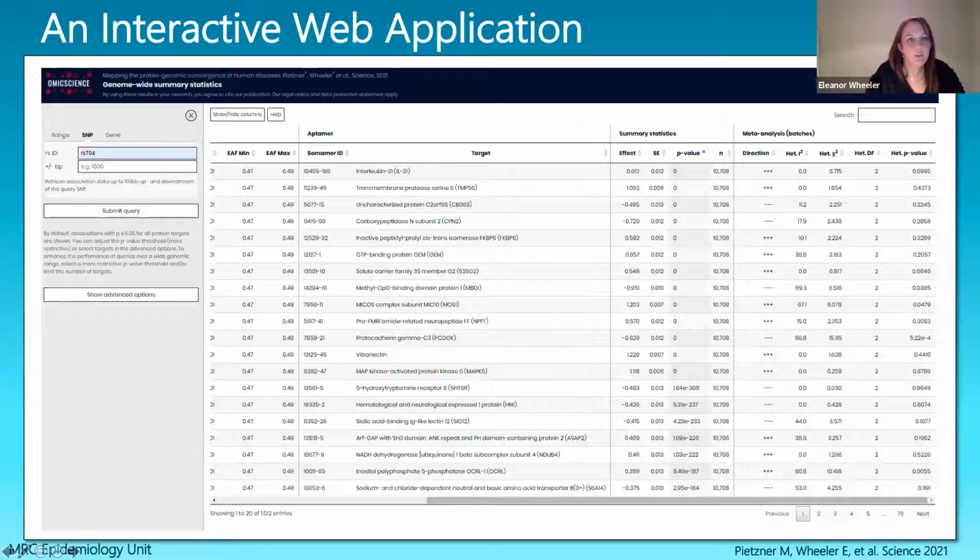You can also do lookups by SNP and by regions. This table shows, for example, the SOMAmer, the protein that you're looking at, and then the variant and the effect direction, the effect size, standard error, p-value of 0 here, and the sample size. So you can look up all of these results.